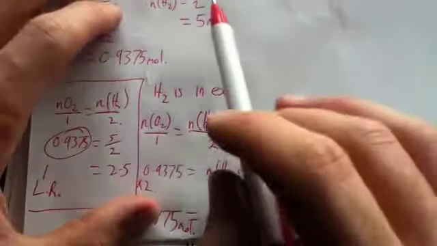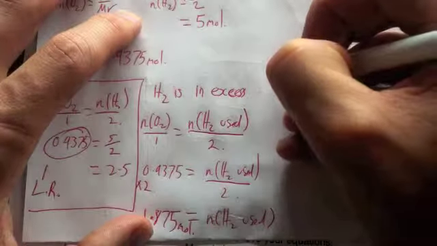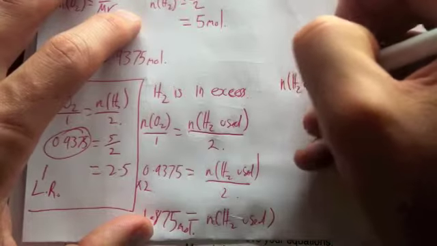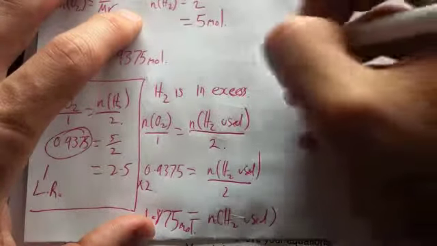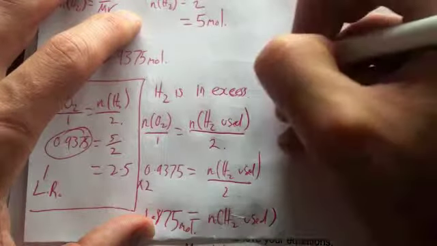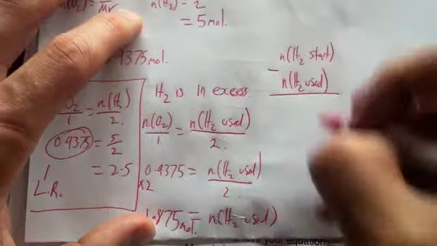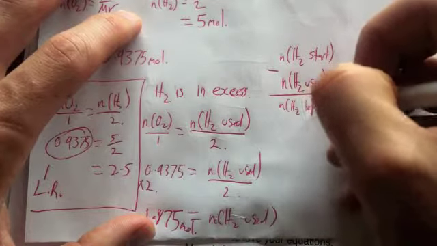We want to know how much is in excess by, so how much is going to be left over. Well, we take the number of moles of H2 to start with, take away how much will be used, and that is how much is left.